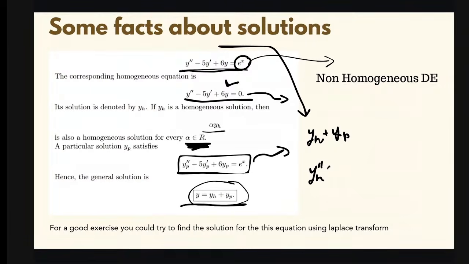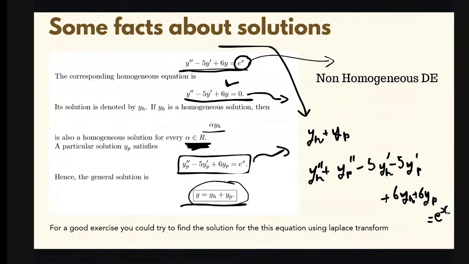You get yh double dash plus yp double dash minus 5 yh dash minus 5 yp dash plus 6 yh plus 6 yp is equal to e power x. Right.